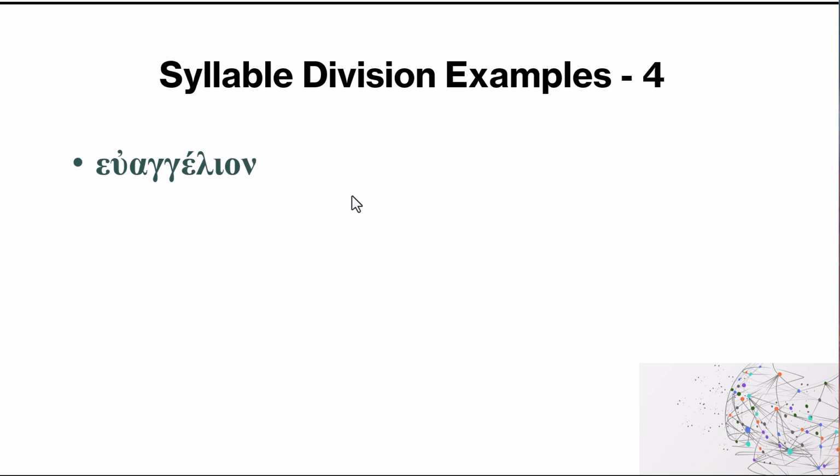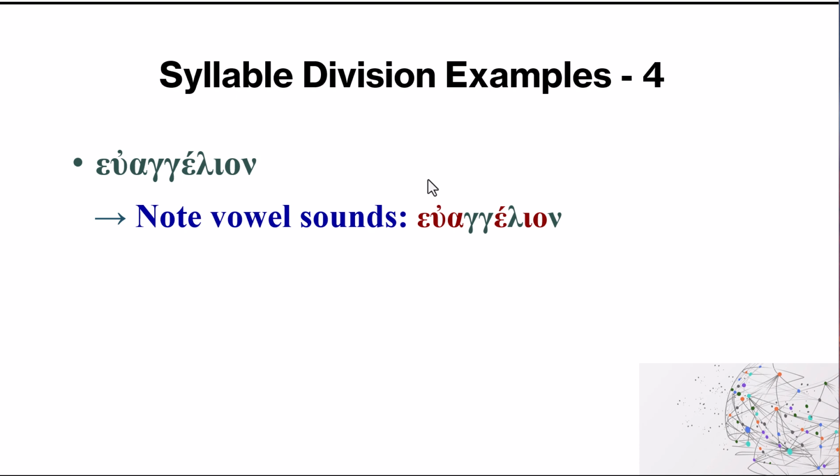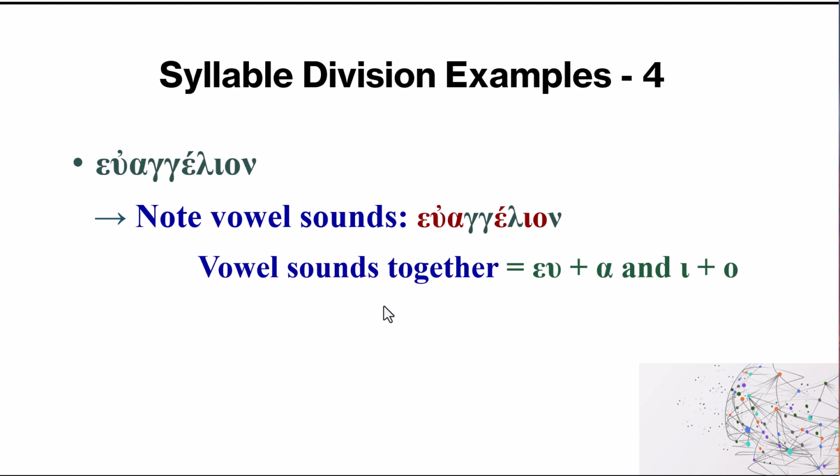Here's another example. Euangelion. Good news. We note the vowel sounds. We have u, a, e, the epsilon, and then we have two vowels here. This is not a diphthong, so it's an iota and an omicron. So we have some vowel sounds that bump up against each other. We have this diphthong u plus the a, and then we have an iota plus an omicron.